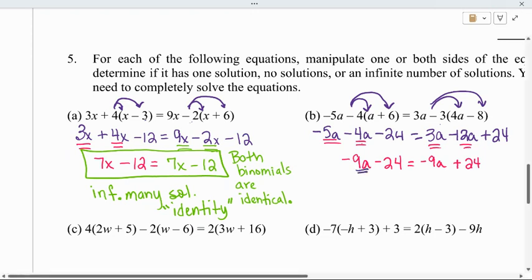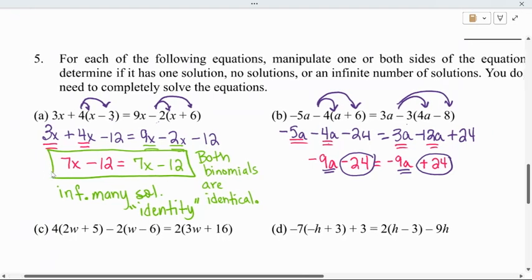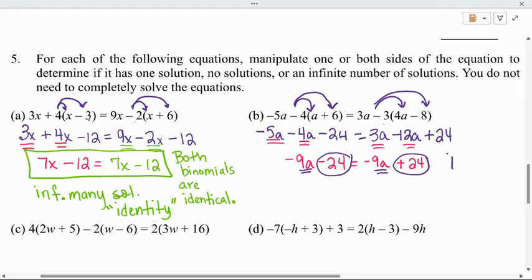So what do you notice here? So different constants. So I'm going to write that. Different constants. That's all right. But you have the same variable. What does that mean?